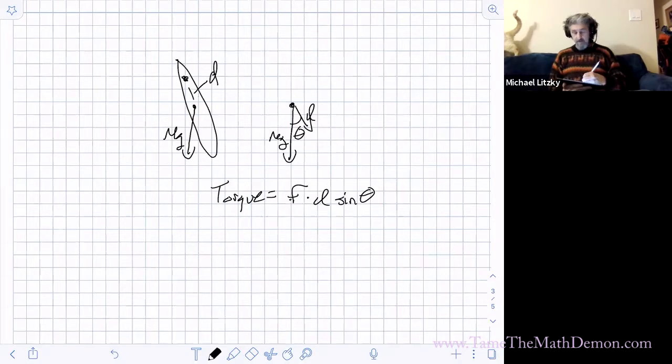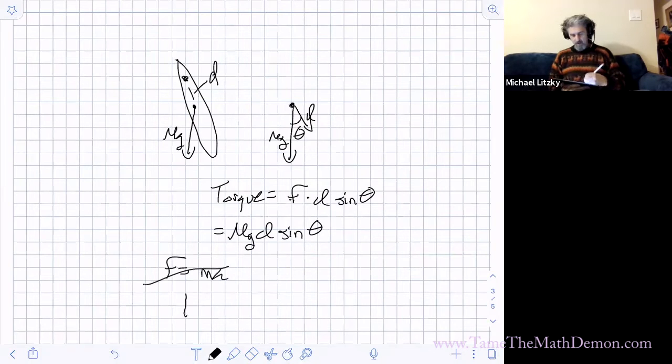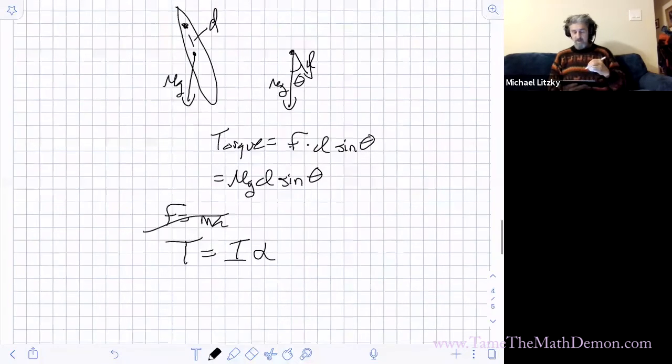So in this case, for the gravity pendulum, the torque is mgd sine theta. And then we use the rotational equivalent of F equals ma, except it's torque equals I times the angular acceleration.